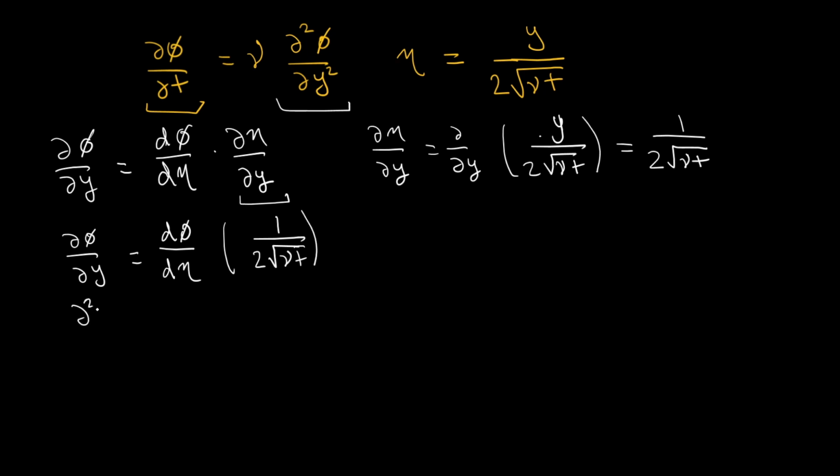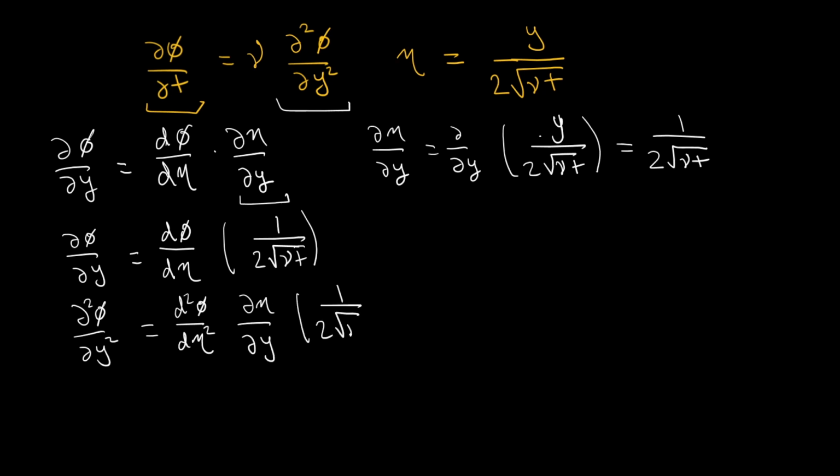Now we can take the second derivative, and luckily we don't have to do a product rule here because this term right here does not depend on y. We just take the derivative of this term. So we'll end up with d squared phi d eta squared. And now since we're doing the chain rule again, we have to pull out another term, d eta dy, and then we have the same term from before. So just to be clear, this term here carries over right to here. That's this term on the right-hand side. And then this term here comes from the chain rule.